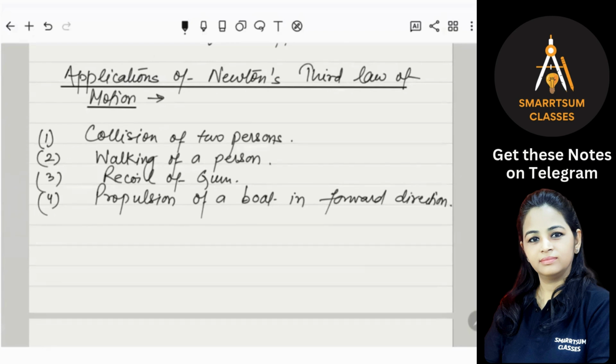What does the sailor do? The sailor pushes the water with his oar in the backward direction, resulting in the water pushing that oar in the forward direction. And that's how the boat is pushed in the forward direction. So the force applied by the oar and the water are of equal magnitude, but in opposite directions. And that's the reason the boat can go in the forward direction.